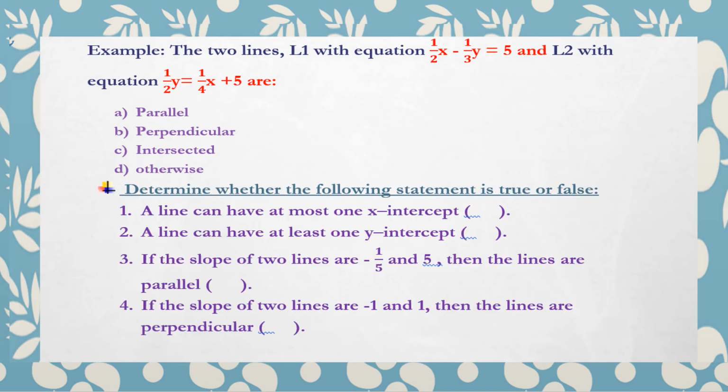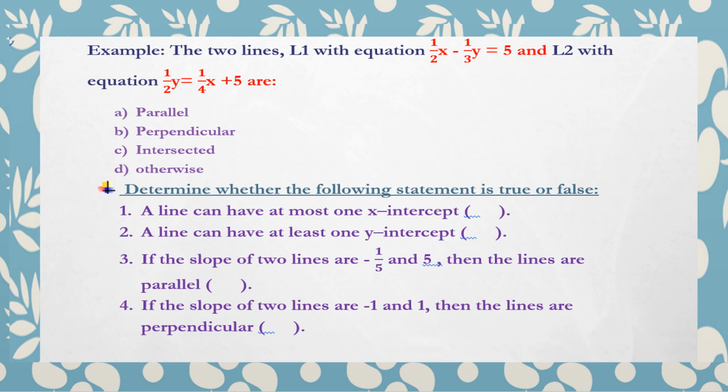Another example, the two lines: L1 with equation half x minus 1 over 3 y equals 5 and L2 with equation half y equals 1 over 4 x plus 5 are parallel, perpendicular, intersected, or otherwise.